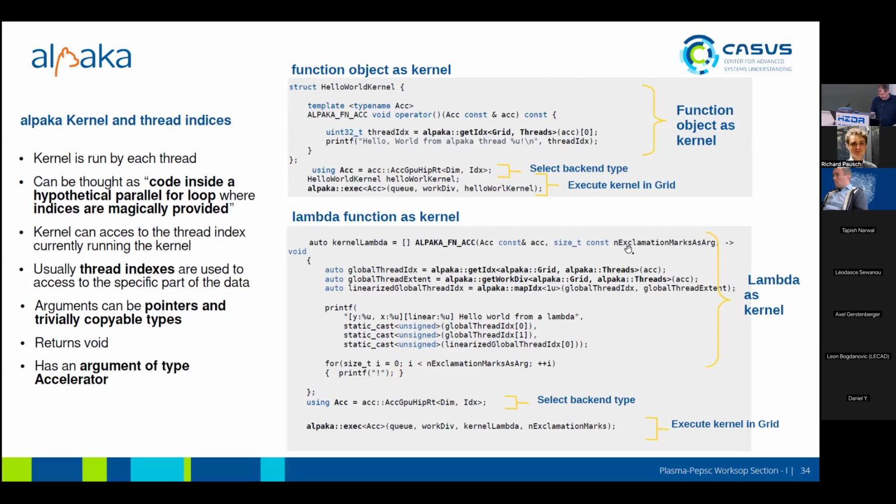For example, here we have an integer, and as you can see, each kernel takes ACC as an argument, which is the accelerator instance. Yeah, that's all I can say.